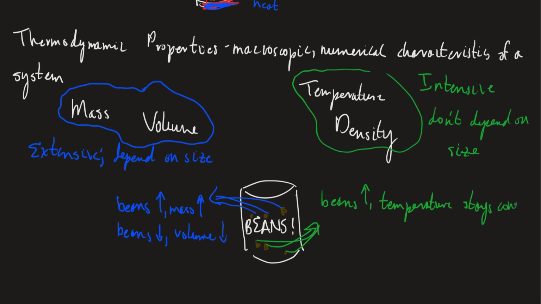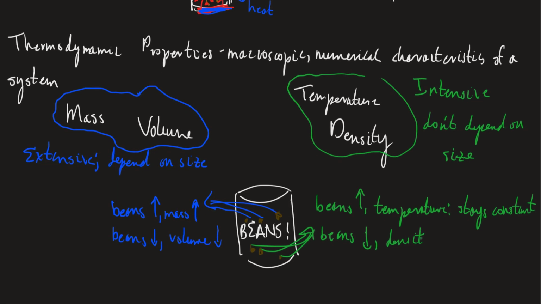Stays constant. And similarly, because density is mass over volume, density will also stay the same, even if you increase or decrease the number of beans.